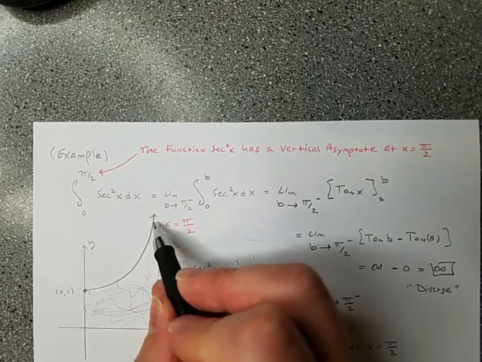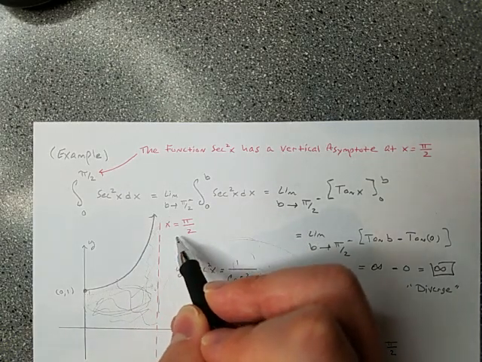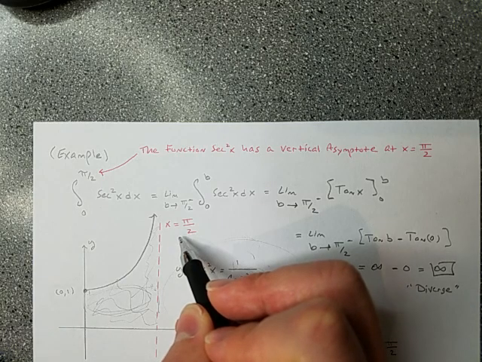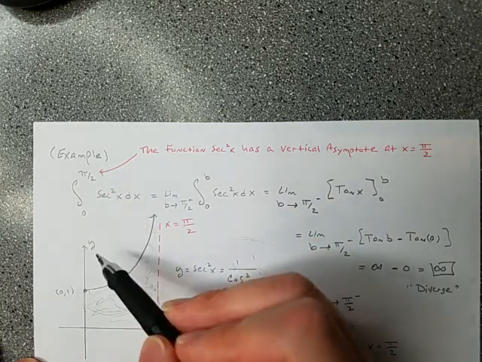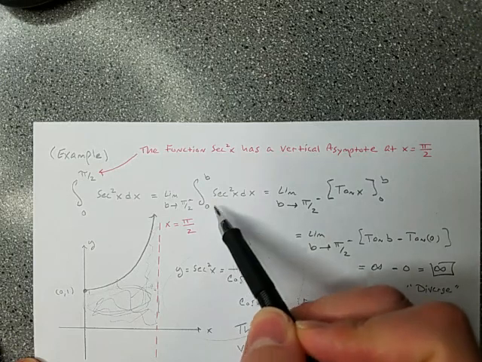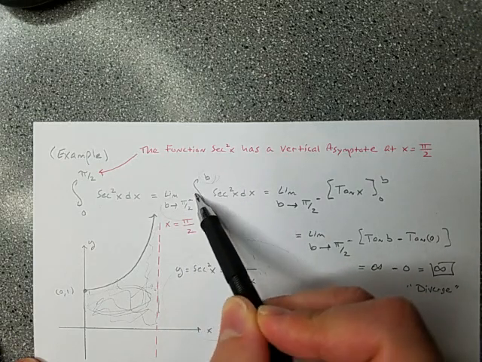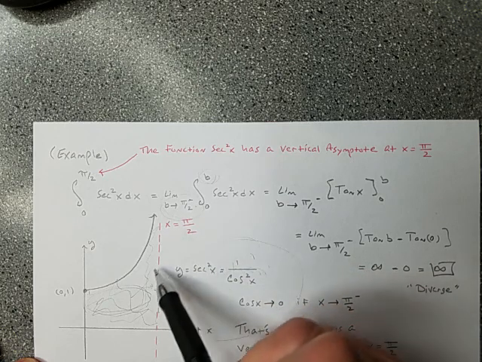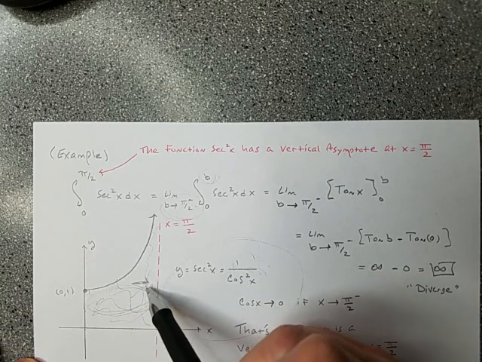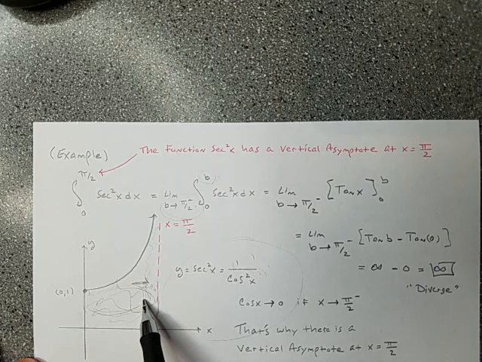The curve climbs to infinity there, but it never gets to pi over 2. So I can't really go from 0 to pi over 2. I can go from 0 to somewhere and make that somewhere push as close to pi over 2 from the left, from this side, as I can in order to cover this whole region.